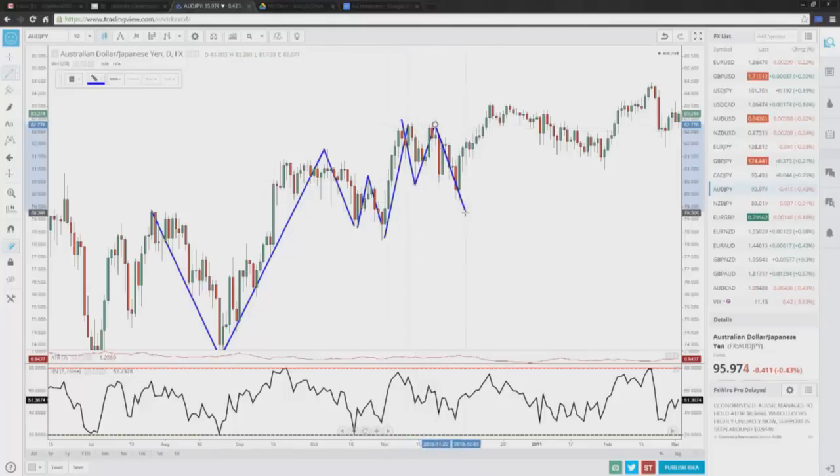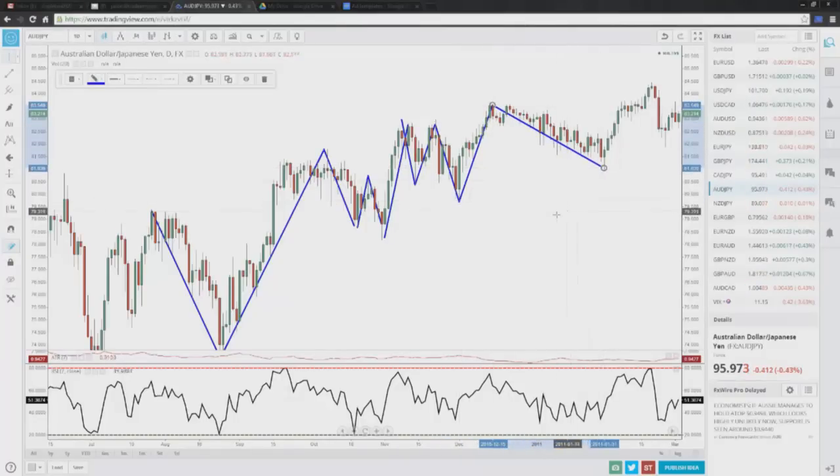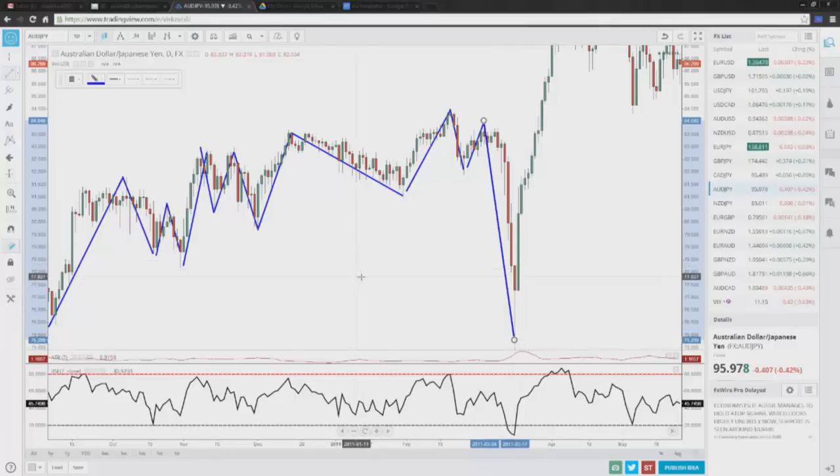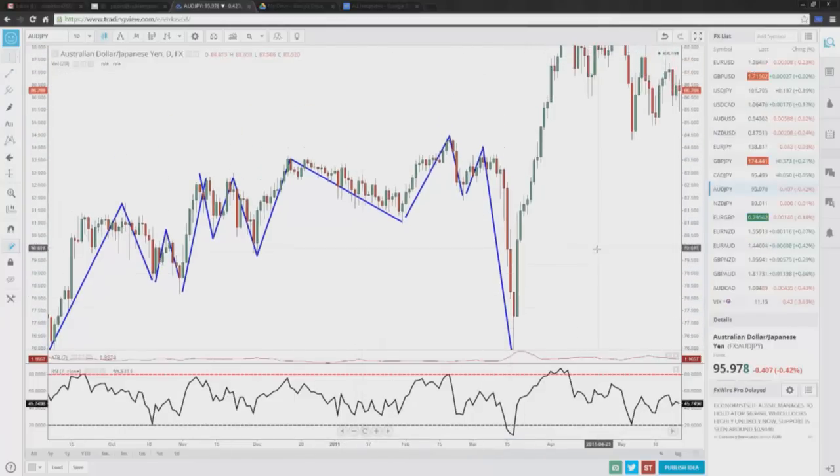Then we get a break of structure to the downside. Then we get a rally up. Then we get a retracement. Then we get a rally up. Then we get a press down. Then we get a retracement. Then we get a massive spike down that clears out a whole bunch of mess. And then we get a huge rally.